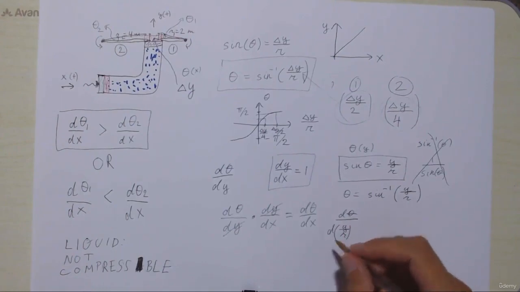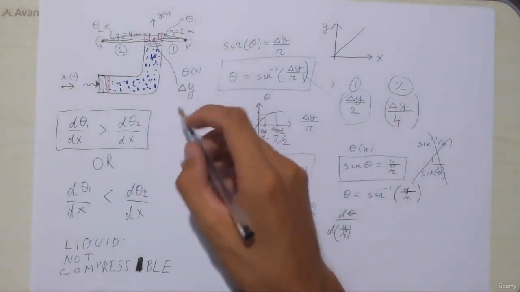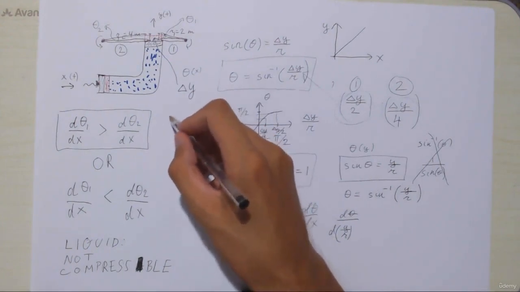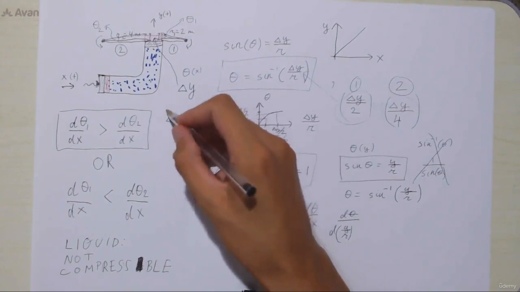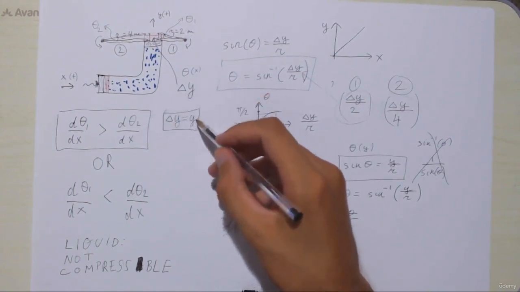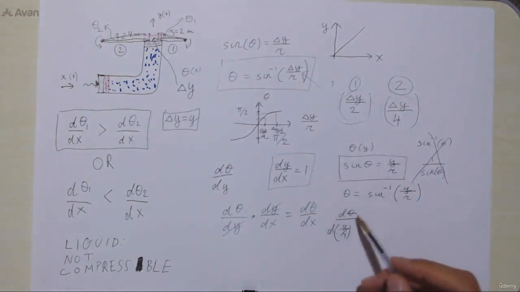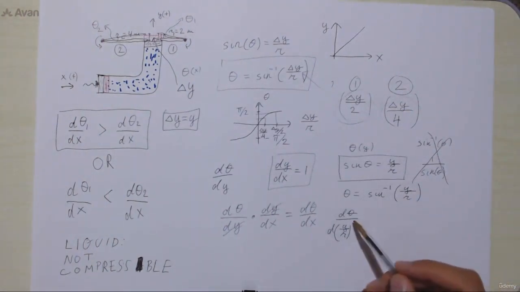And by the way, in this example, I think I made a mistake that I denoted it with delta y. Now it's confusing. I'm just going to say that delta y equals y. Alright? So no delta y anymore. I mean just y.